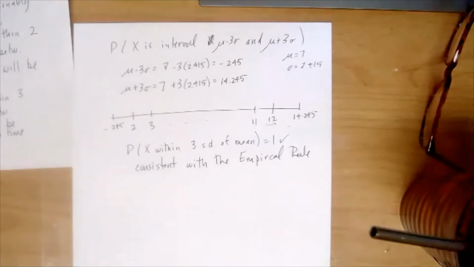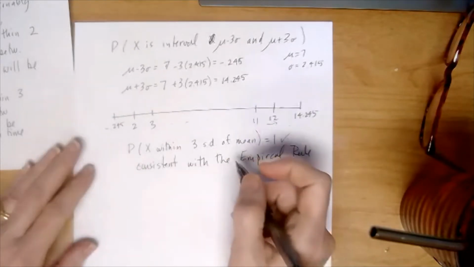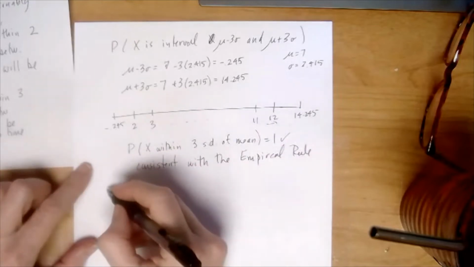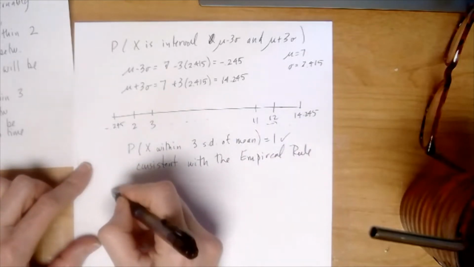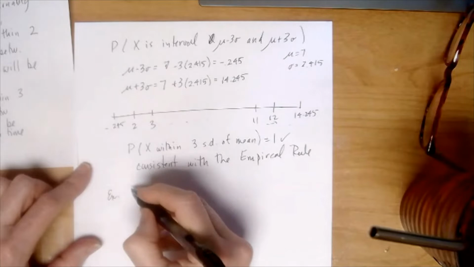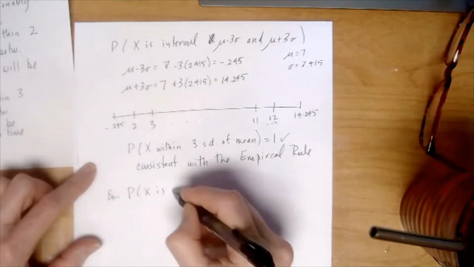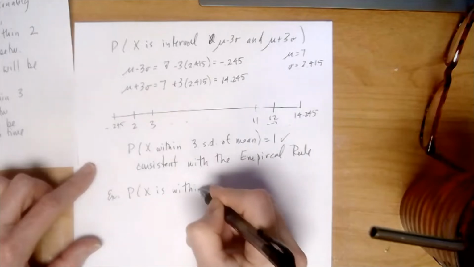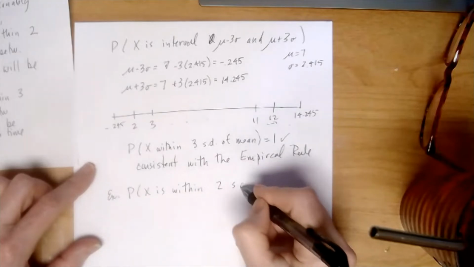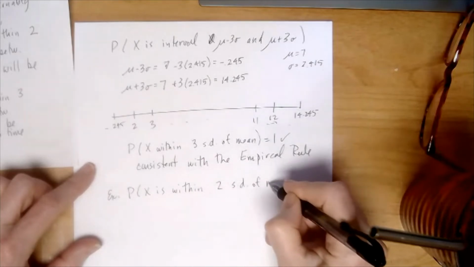Great. All right, so what about within 2 standard deviations? A continuation, another question. What is the probability that x is within 2 standard deviations of the mean?